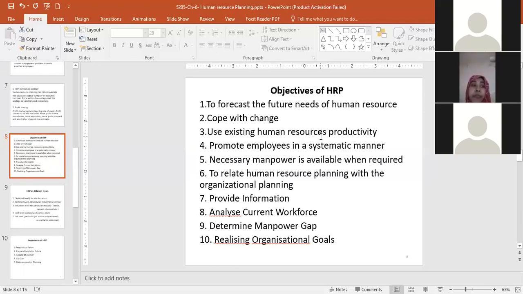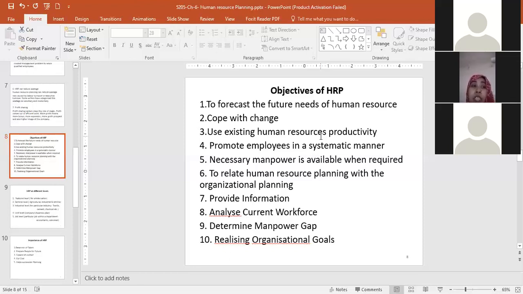More specifically, the objectives of human resource planning, number one, is to forecast the future need of human resource. Human resource planning is essential to determine the future manpower needs in an organization.